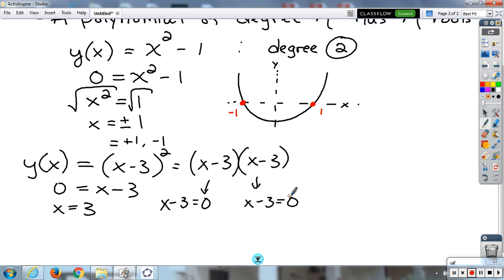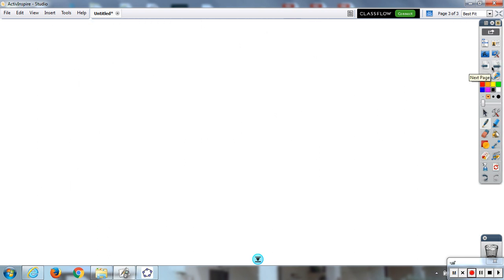We can look at one other one. Let's pick y equals x to the 4th minus 5x squared plus 4.